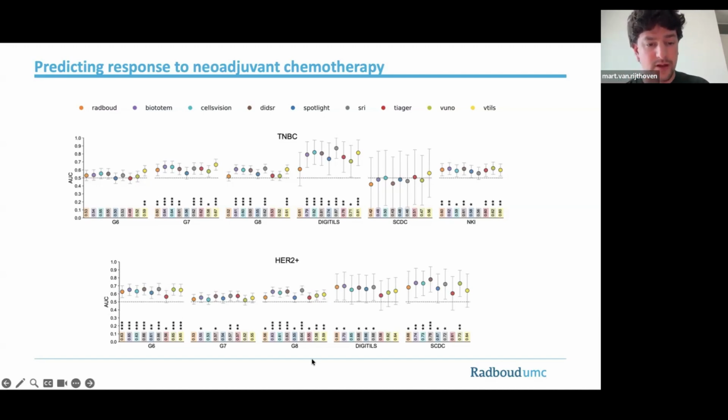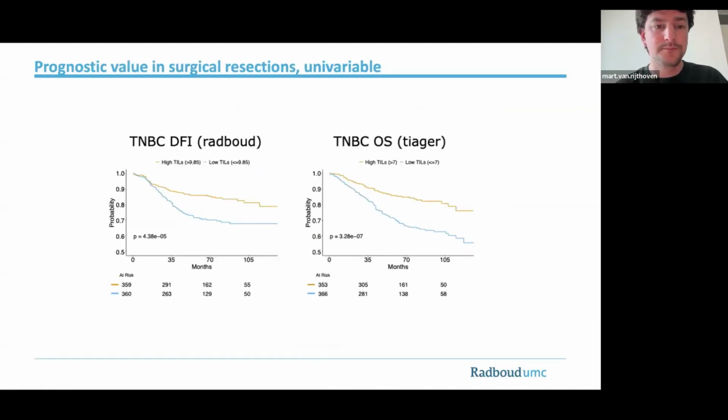And for HER2, we actually see that some are similar, but also some are even better. So these results were really nice to see, that for PCR, these TILs methods could actually be very useful to automate PCR prediction.